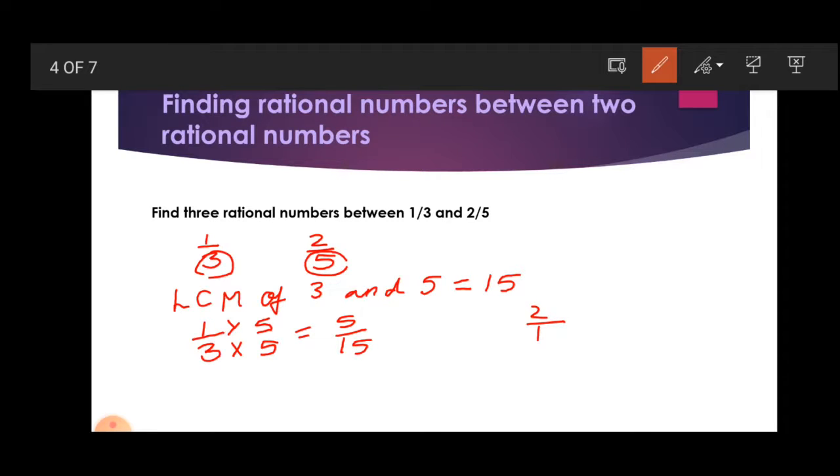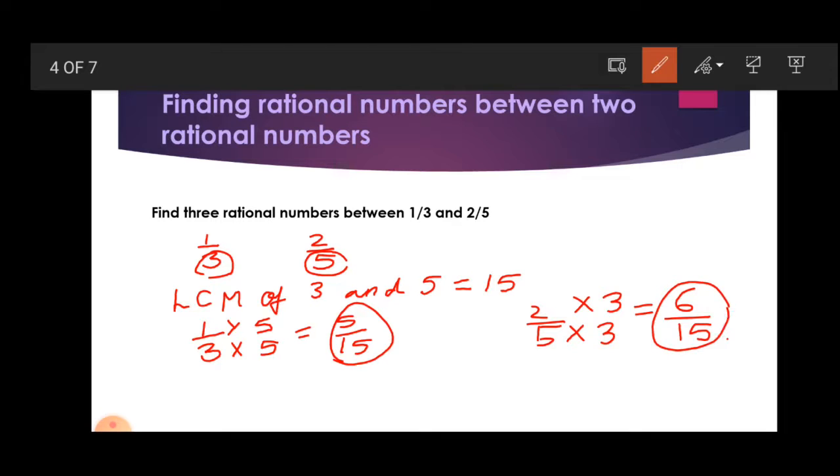Similarly, 2 by 5, if we multiply numerator as well as denominator by 3, we will get 2 into 3 is 6, 5 into 3 is 15. Now, we will find three rational numbers between 5 by 15 and 6 by 15.